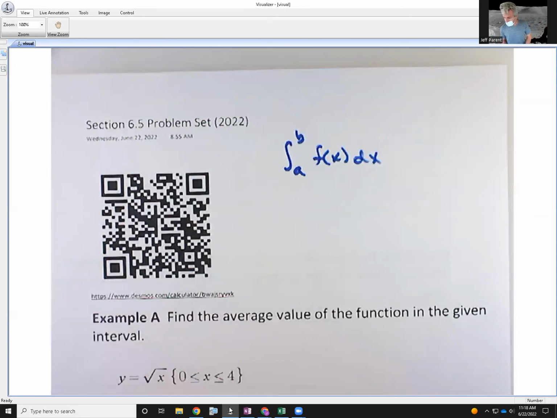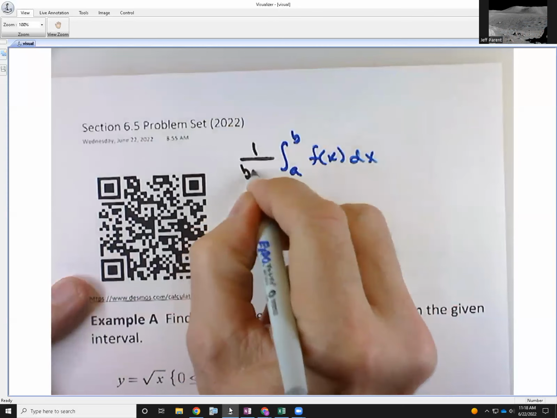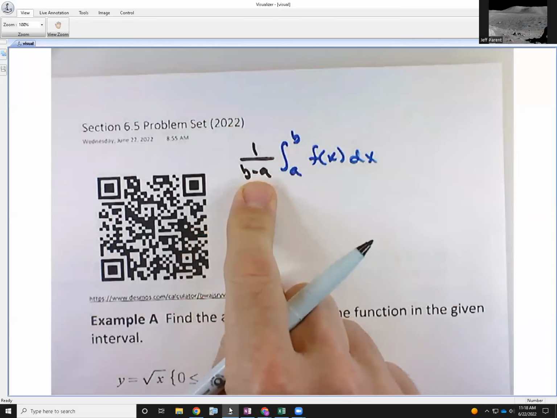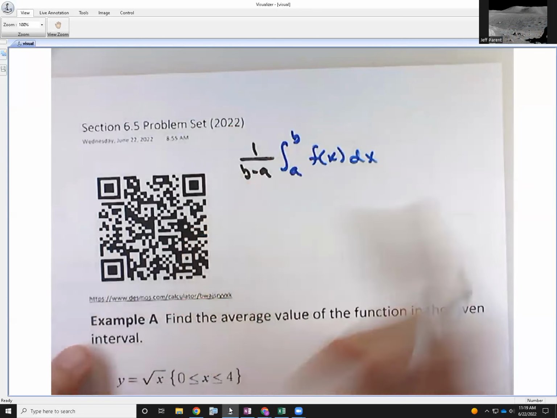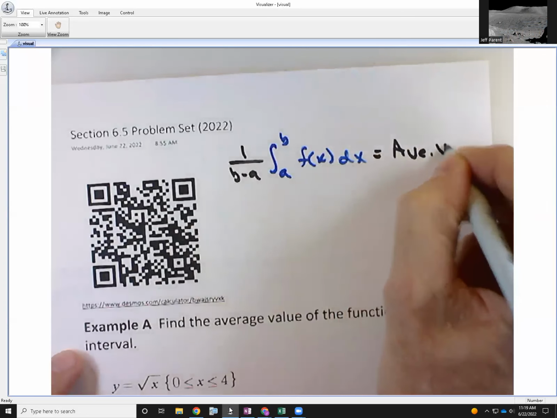So that's good. Now, if you want to turn this into an average, then you're going to multiply that by 1 over b minus a. Basically, this is the equivalent of dividing by n if you had discrete data as opposed to continuous data. And that's going to be your average value.